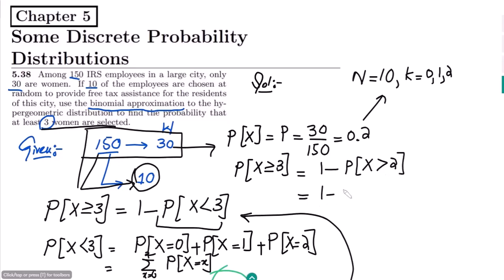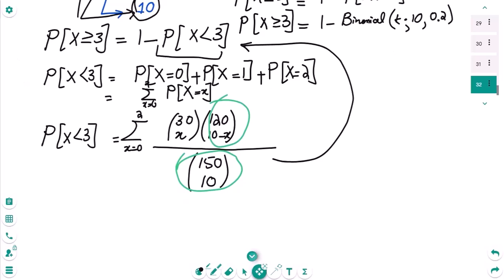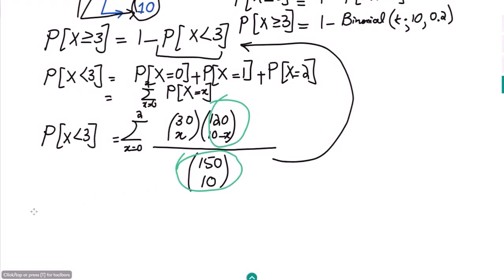Using the binomial probability, where the number of samples is 10 and the probability is 0.2, let me solve it for the probability that x is greater than or equal to 3. So it would be 1 minus this binomial sum.